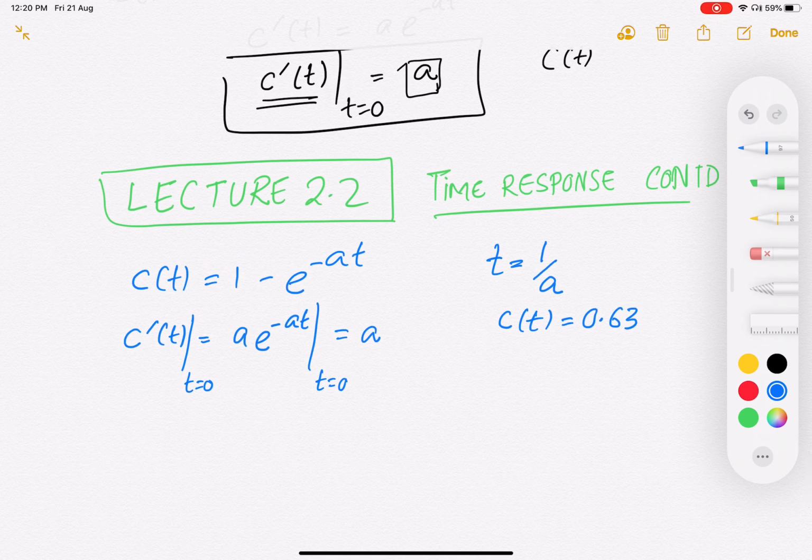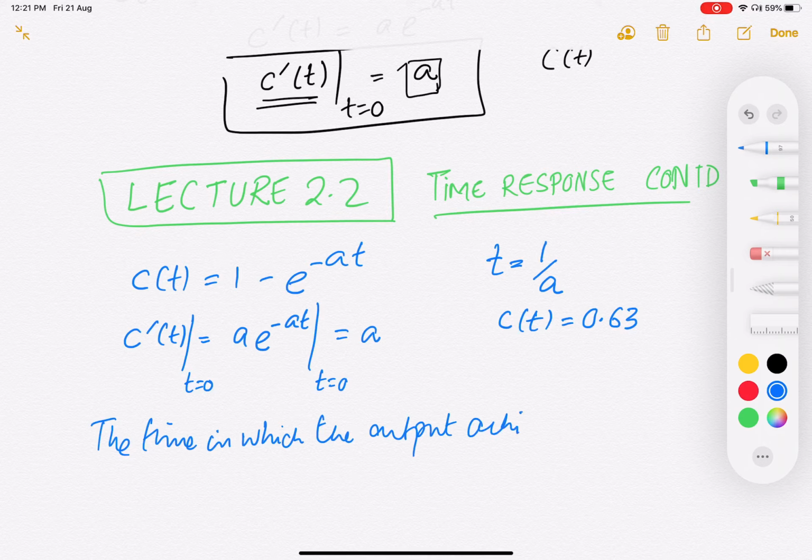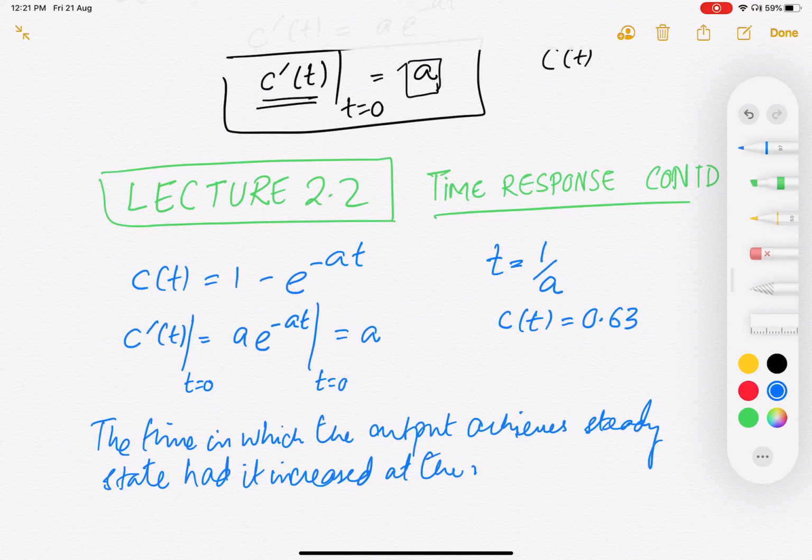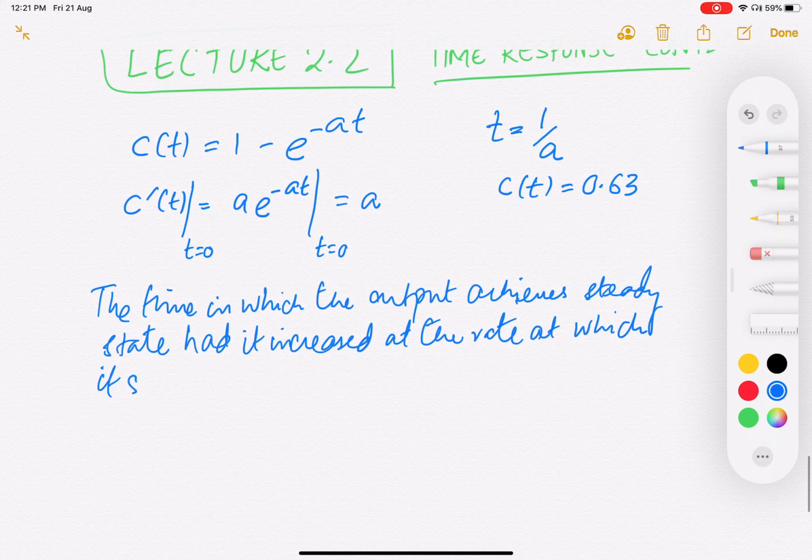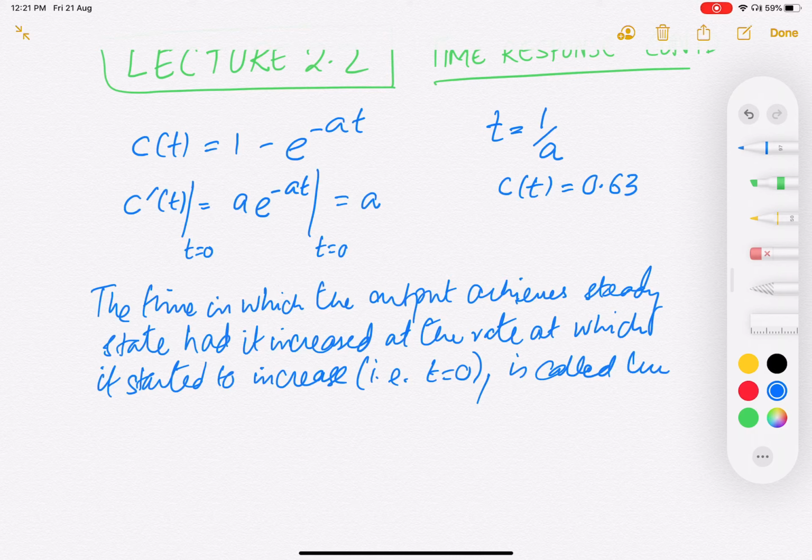So the time constant, another definition, would be the time in which the output achieves steady state had it increased at the rate at which it started to increase, which is at t is equal to 0, is called the time constant, right?